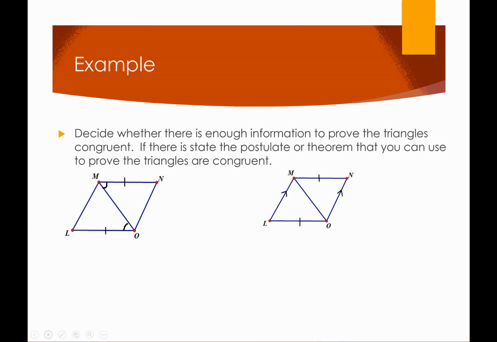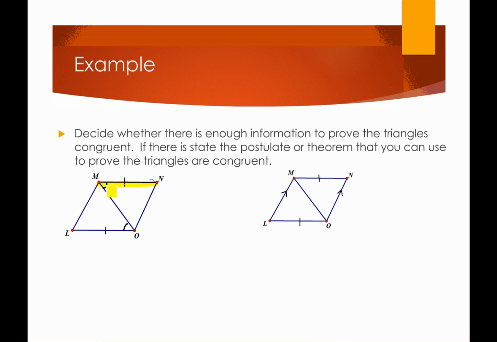All right, so here I've got a couple examples. I'm going to decide whether there is enough information to prove the triangles are congruent. If there is, we're going to state the postulate or the theorem that I can use to state those are congruent. All right, so look what I have. And I always like to draw a Z on here because that helps me to see, because we're going to do some tricky stuff. So let's actually use the highlighter here.